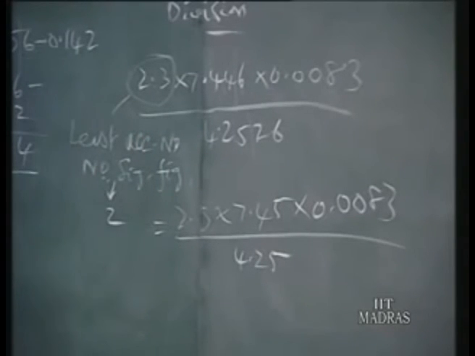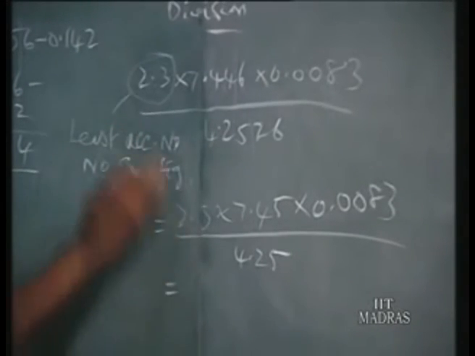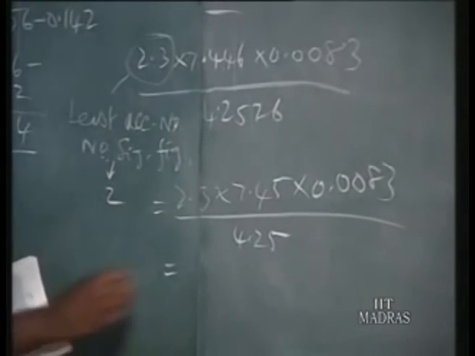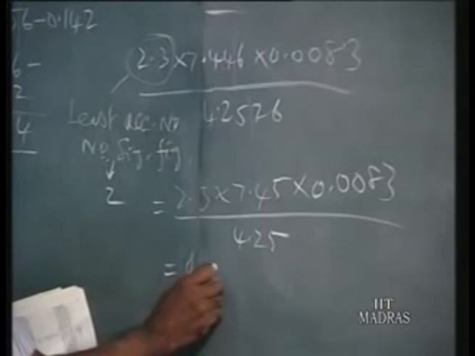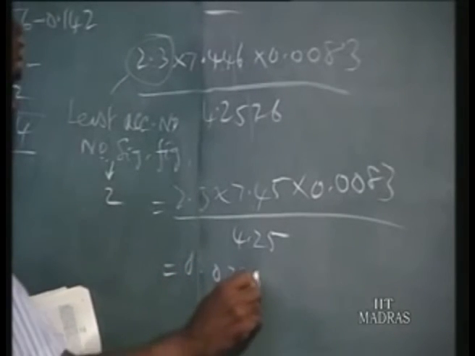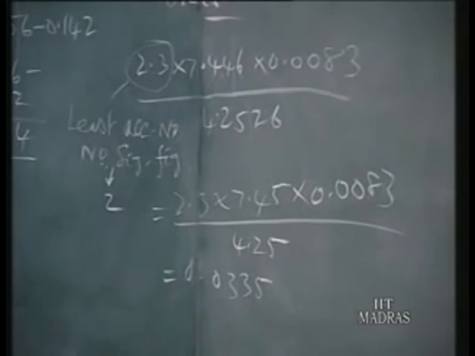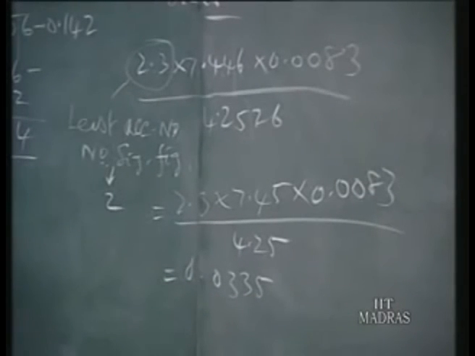And compute the result to 3 significant figures, which is now obtained as 0.0335. That is, we have 3 significant figures. Then reduce this answer to the same number of significant figures as the least accurate number.